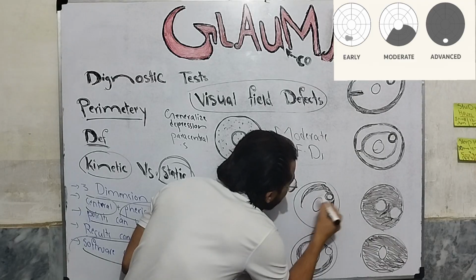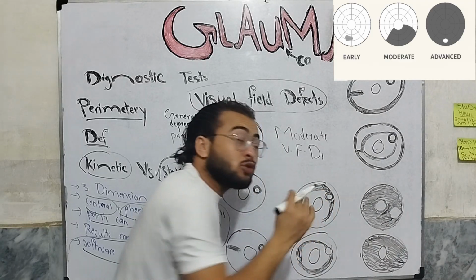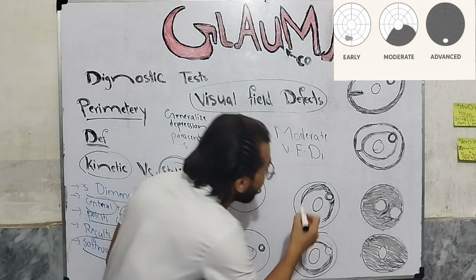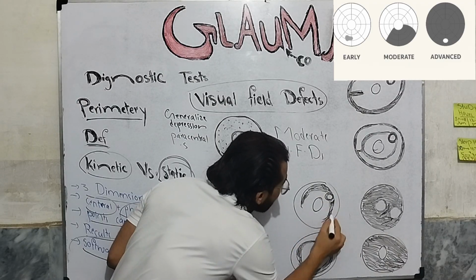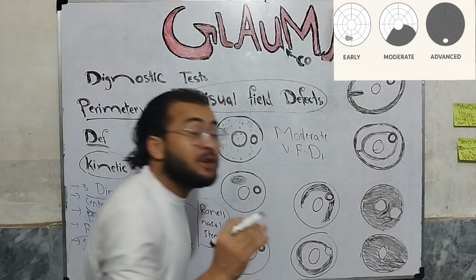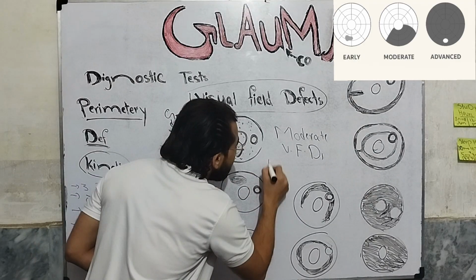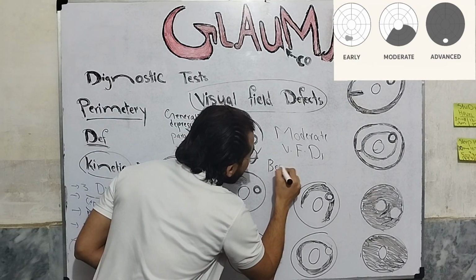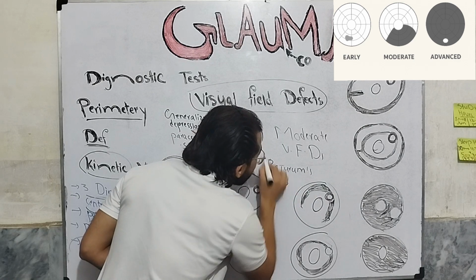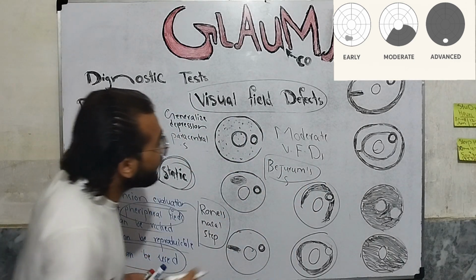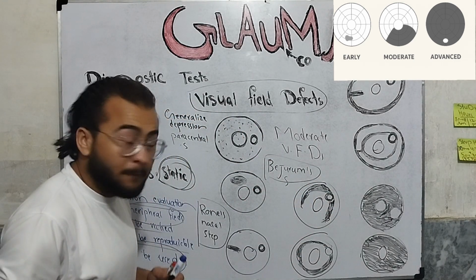It can expand from this seidel scotoma or can develop individually. This is called arcuate scotoma, which is also called Bjerrum scotoma. So this is the first moderate visual field defect.